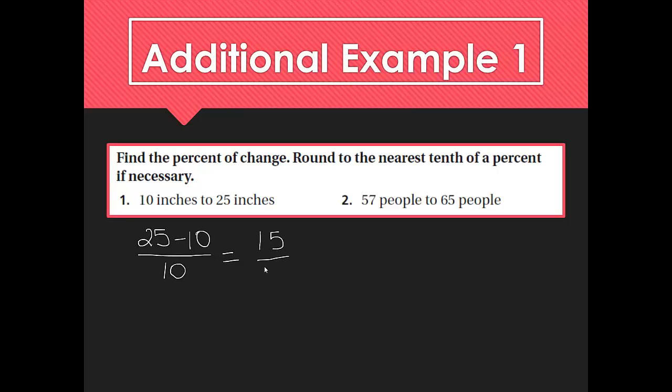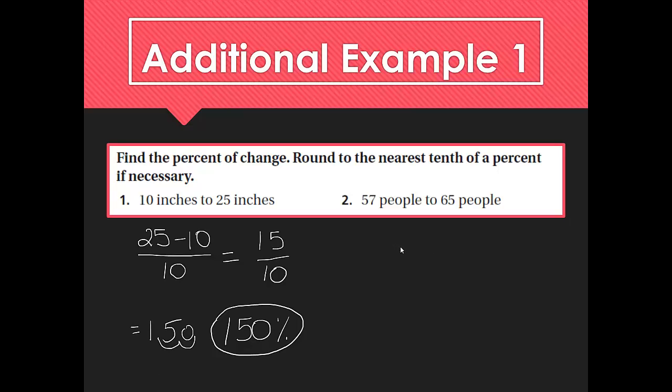So we'd have 15 divided by 10, and 15 divided by 10 is equal to 1 5/10, and 1 5/10 would be 150%. For 1 5/10, we'd move our decimal 2 places to the right in order to get that percent. So 1, 2, that's how we got 150%.